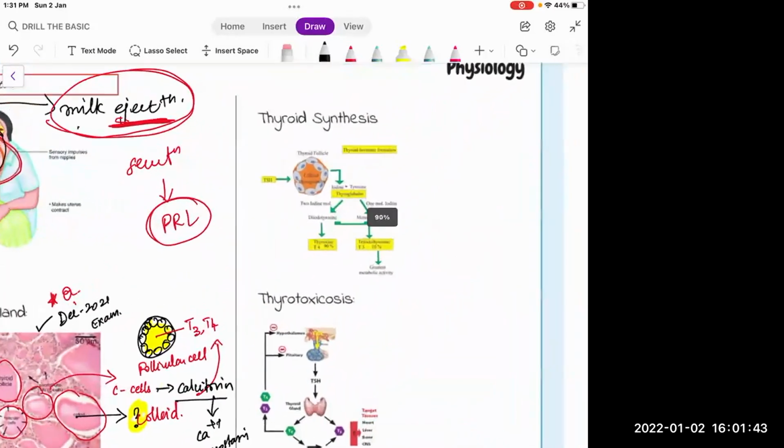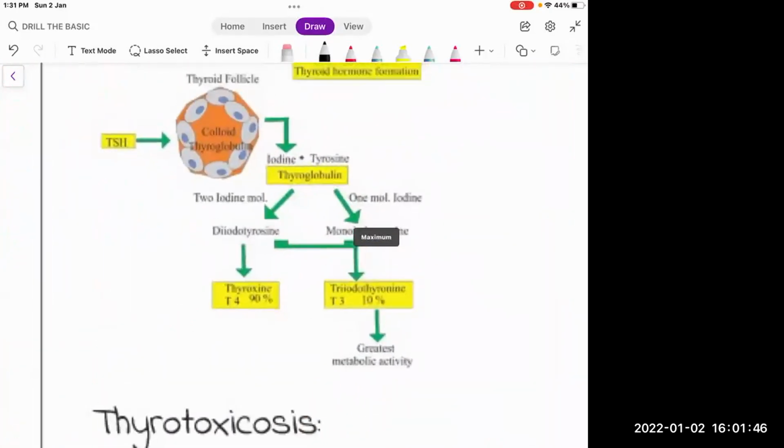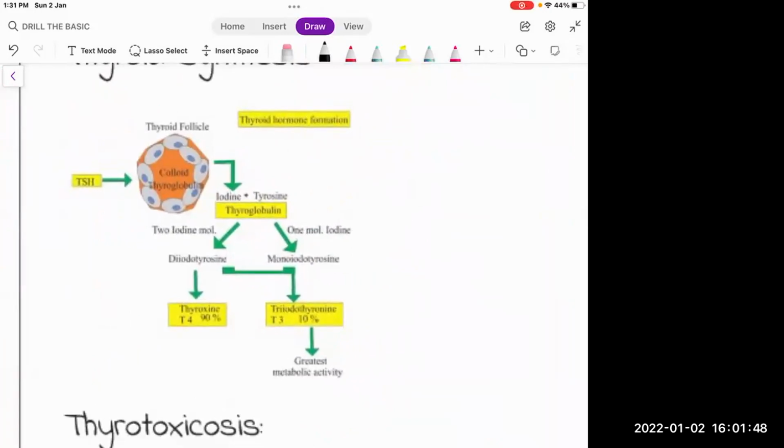So now moving on to thyroid synthesis. Thyroid synthesis, again the same picture, the follicular cells containing the colloid. Okay. So what will happen over here? From the extracellular fluid, the colloid will get the iodine molecules. So that will go into the colloid, and in the colloid, it will bind with the tyrosine with the help of thyroglobulin, and it forms monoiodotyrosine.